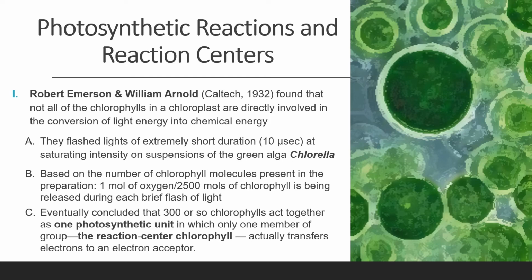Eventually, they concluded that 300 or so chlorophylls act together as one photosynthetic unit in which only one member of the group, the reaction-center chlorophyll, actually transfers electrons to an electron acceptor. Okay?